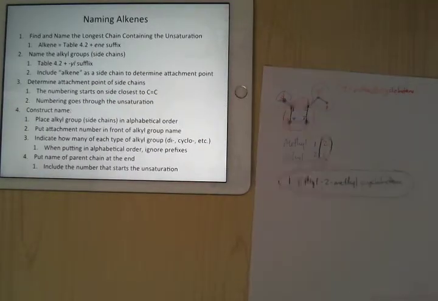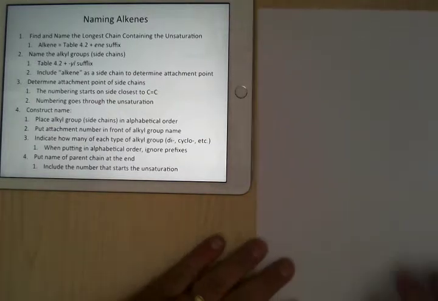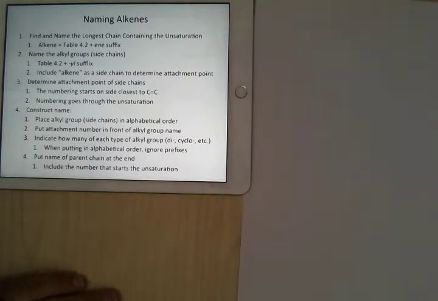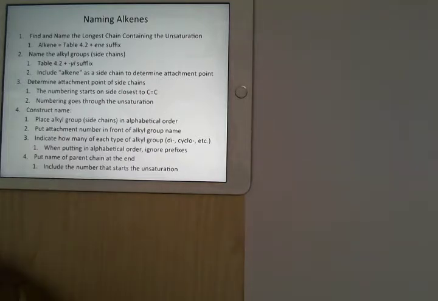Okay, so alkenes. This is where you've got a carbon-carbon double bond. We call it unsaturation. For here, that's going to be given a priority because we put the suffix in. So we find the longest chain; it has to include that double bond. We find the side chains and use those as normal.